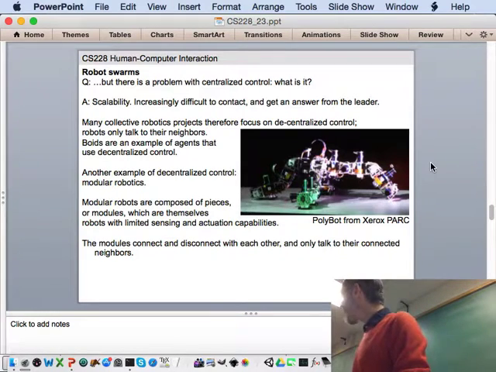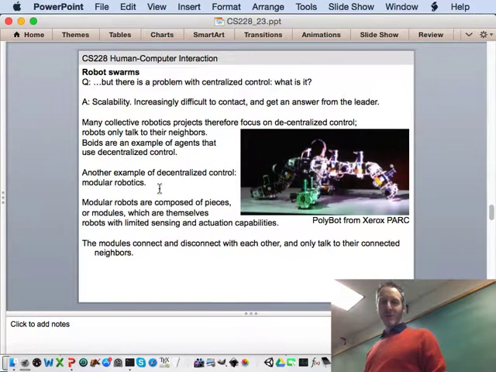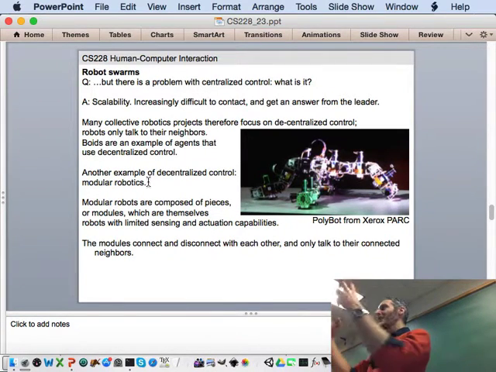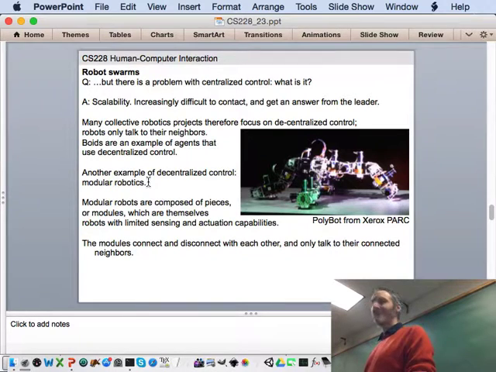A particular class of robots that takes this to its extreme are modular robots. So a modular robot is a robot swarm in which elements of the swarm can physically attach and detach from one another. Here's one of the very first modular robots that was ever built. This is Polybot, developed back in the 90s at the Xerox PARC Research Institute.